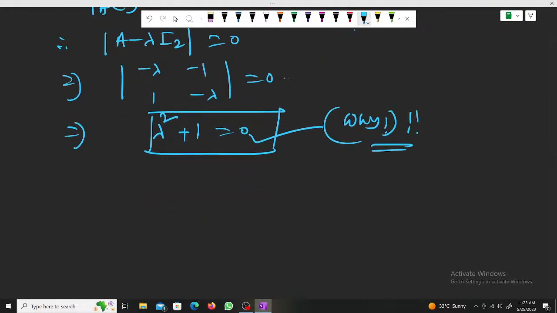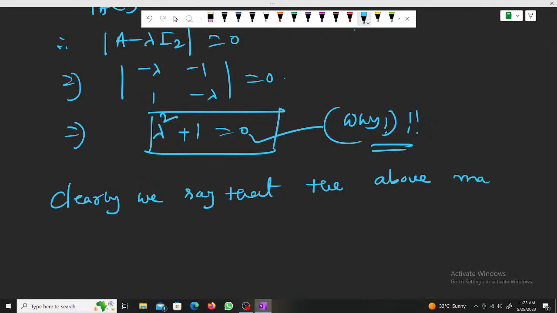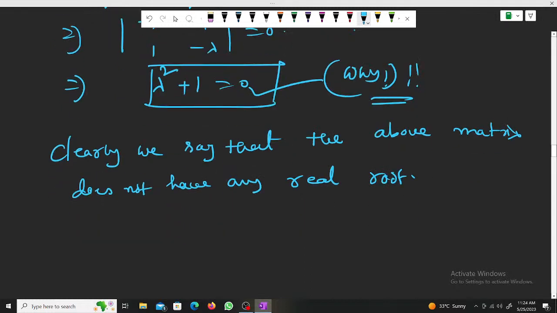Okay, so clearly we say that the above matrix does not have any real root, right? Real root. Root মানে আমরা অ্যাকচুয়ালি ক্যারেক্টারিস্টিক্স পলিনোমিয়ালের যে রুট সেটা কিন্তু আমরা আইগেনভ্যালু বলি, তাই না?